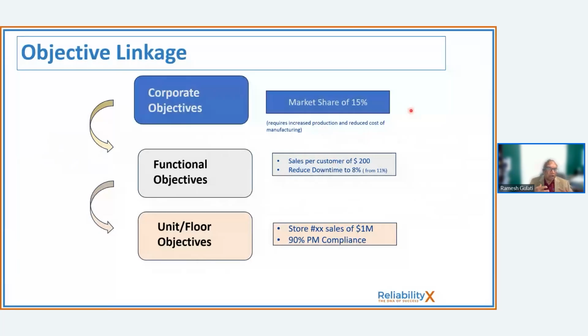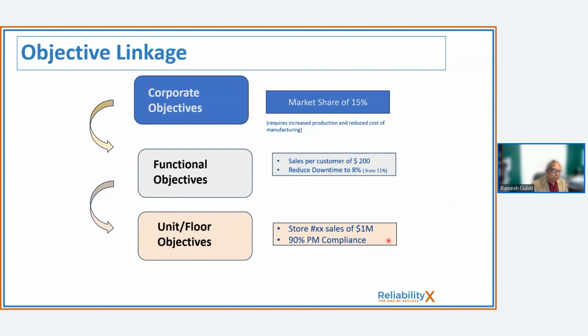It means we have to have higher throughput, means we have to have less downtime. Some other examples, sales per customer, $200, or reduce downtime to 8%. This is per store kind of thing. So these are examples of how they relate back to corporate objectives.